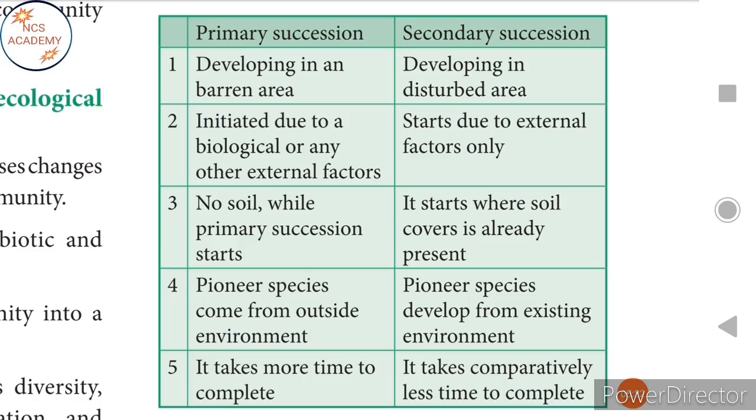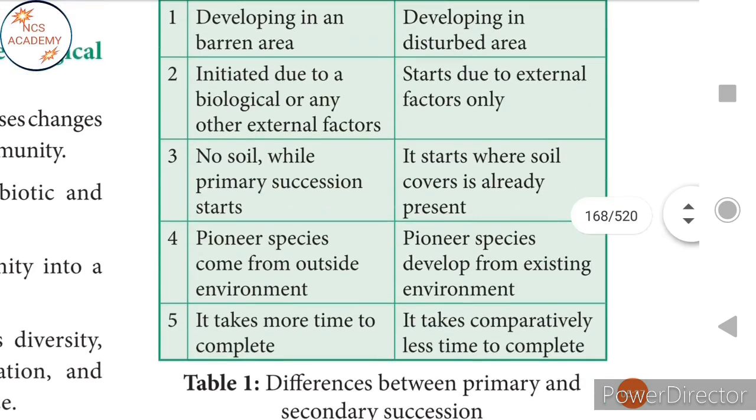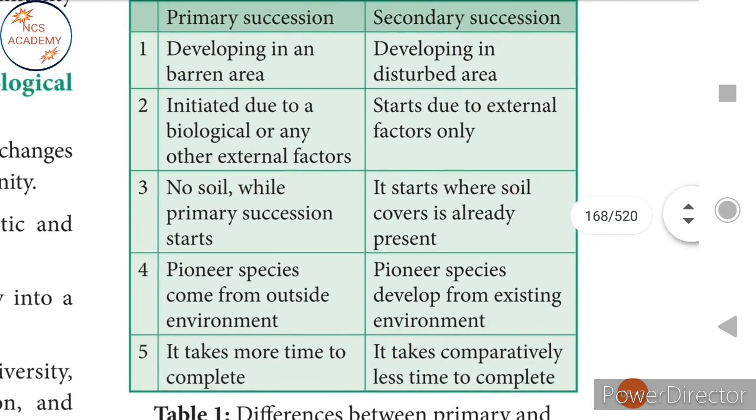Next, the second point: initiation due to biological or any other external factors, but here it starts due to external factors only. Under primary succession, there is no soil when primary succession starts, but here it starts where soil cover is already present.